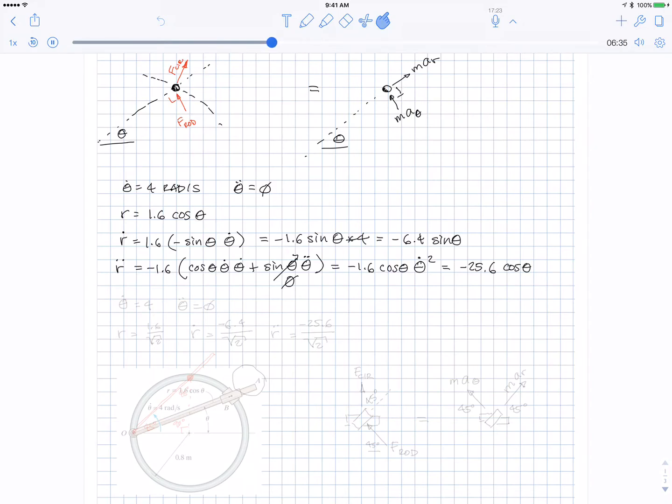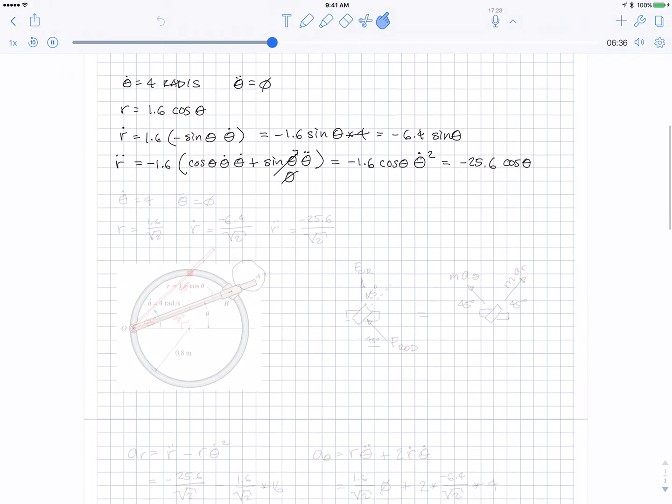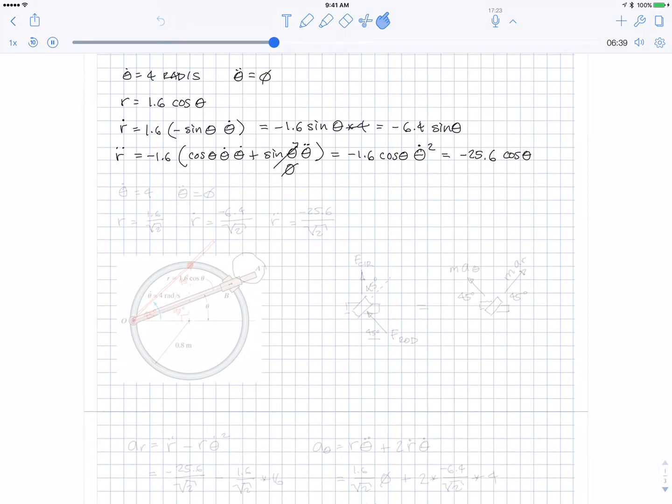Okay, so that's pretty straightforward. They want to know all of this when theta is 45. So when theta is 45, sine theta is 1 over root 2, and cos theta is 1 over root 2. So finally, we have theta dot is 4 radians per second, theta double dot is 0.